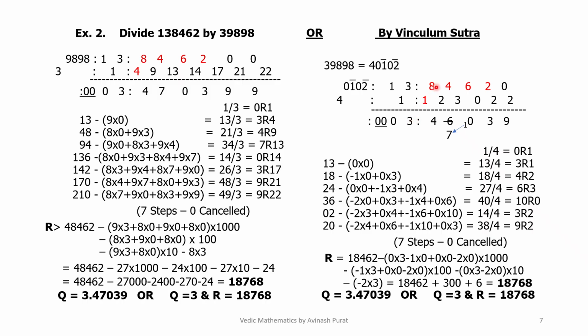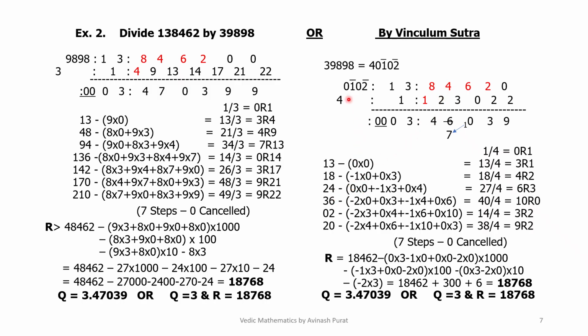Next dividend is 18 minus 1 into 0 plus 0 into 3, that is equal to 18 by 4 equal to 4 is quotient and 2 is remainder. Now 24 is next dividend.